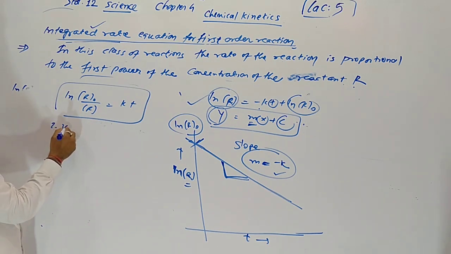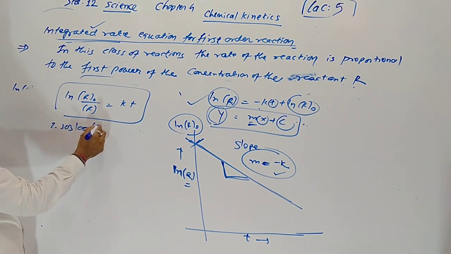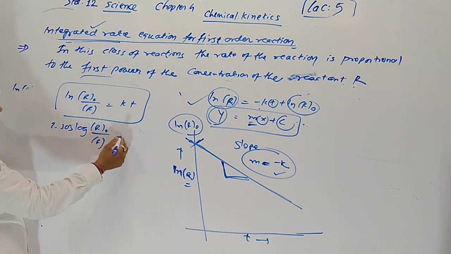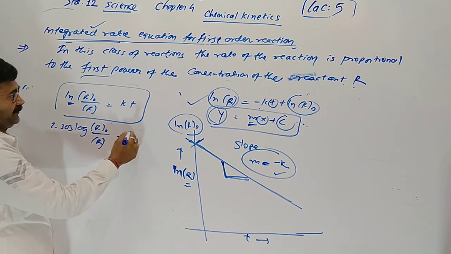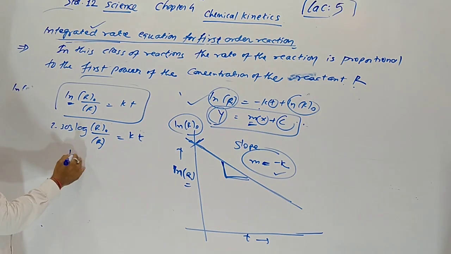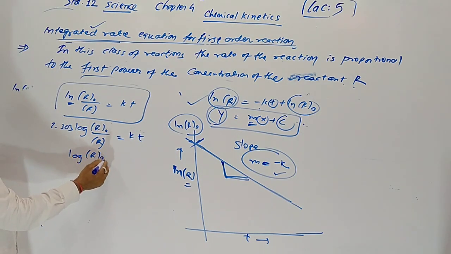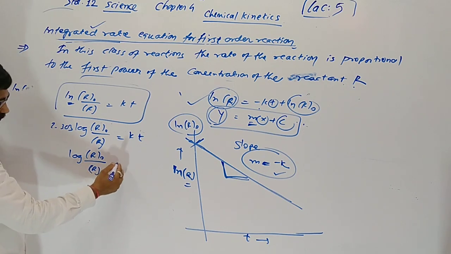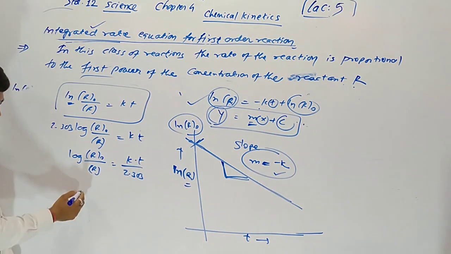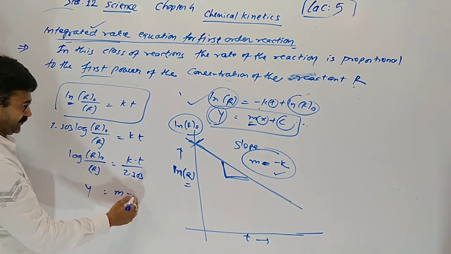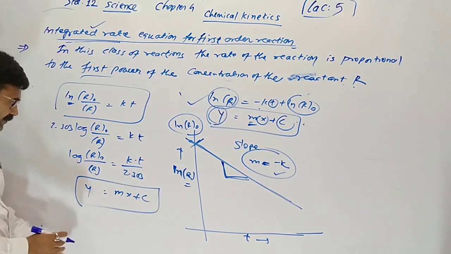We are converting into log, so 2.303 log R0 by R. Remove the ln, we get 2.303 log R0 by R equals K into T. So log R0 upon R equals K into T upon 2.303. So y is equal to mx plus c.